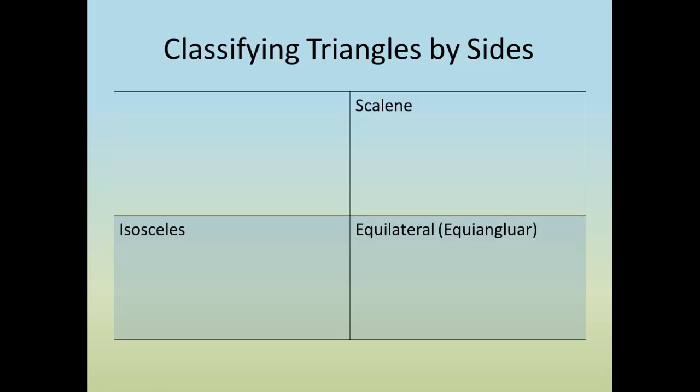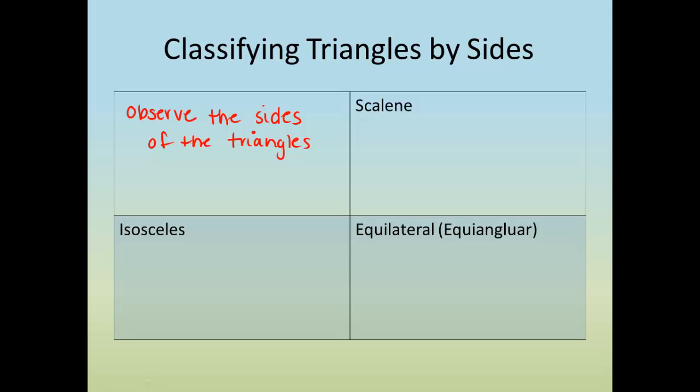Here we're going to be classifying triangles by their sides. Just as we did with angles, we're going to observe the triangle. But this time we're going to be observing the sides of the triangle. And we're going to be looking at their lengths or their measurements. The first one we're going to start with is scalene.